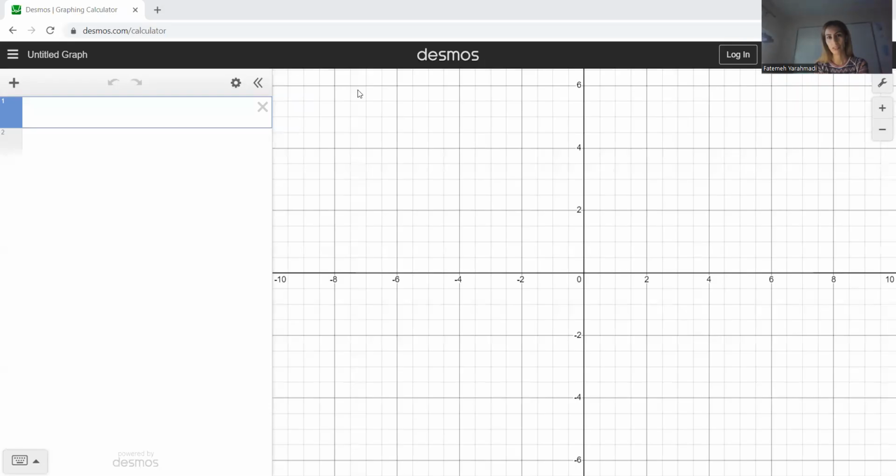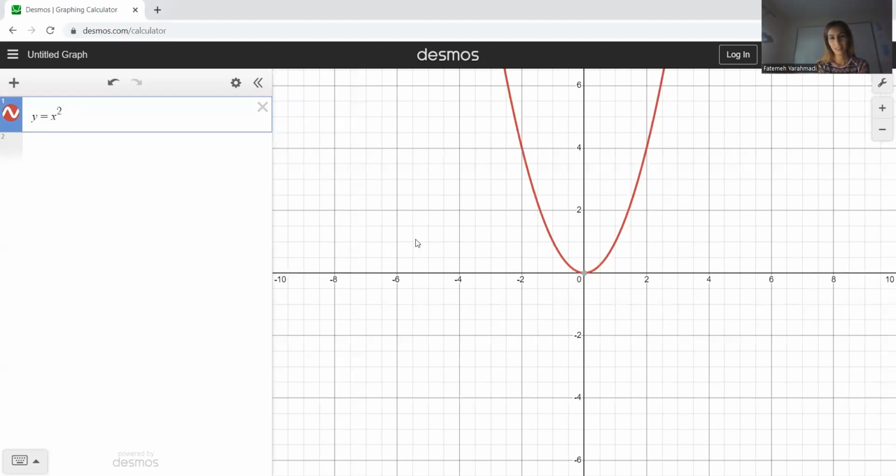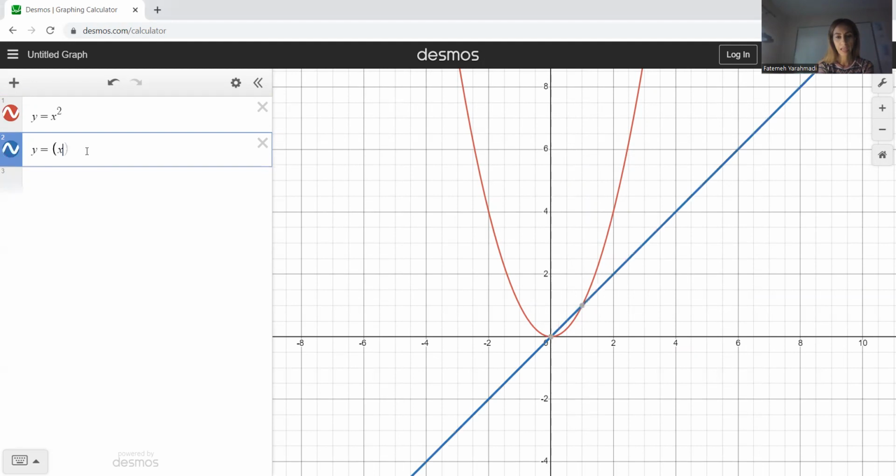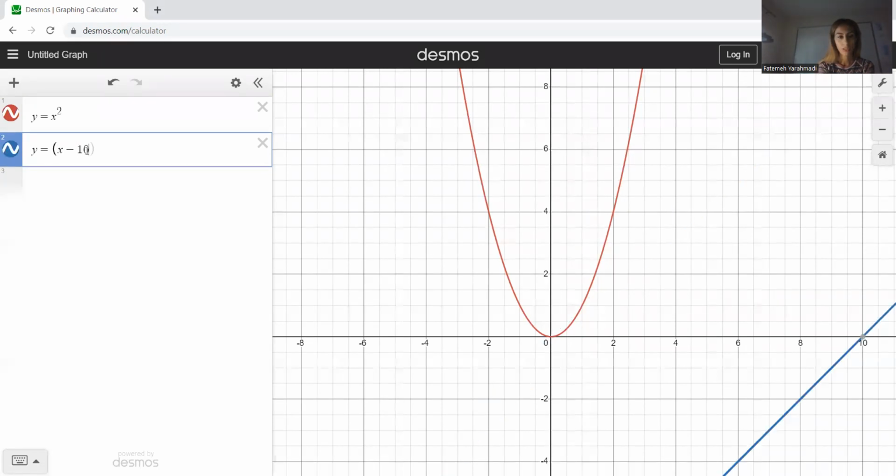So here we are in Desmos. We are graphing y equals x squared. This is the graph of x squared. Then I'm going to add and subtract some numbers from my x and see what happens to the graph. So y is equal to x minus 1 to the second power.